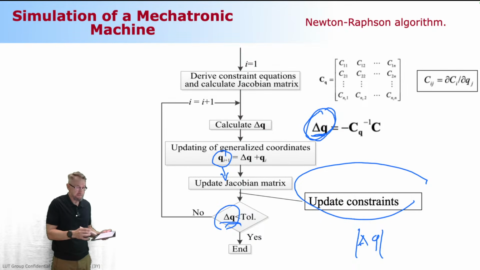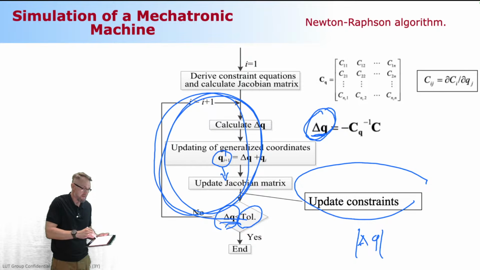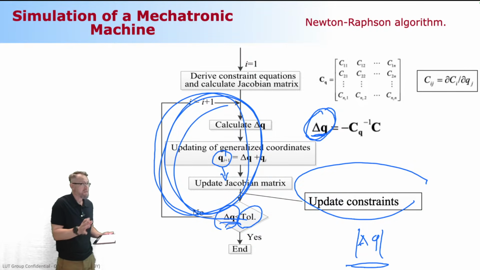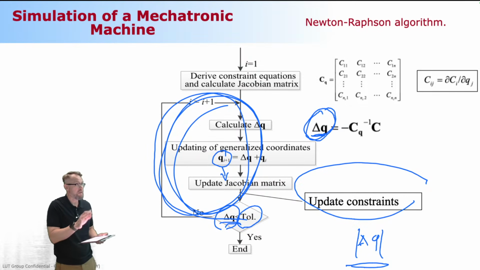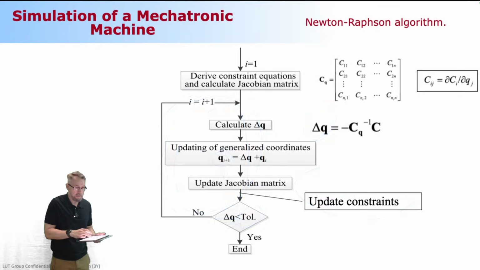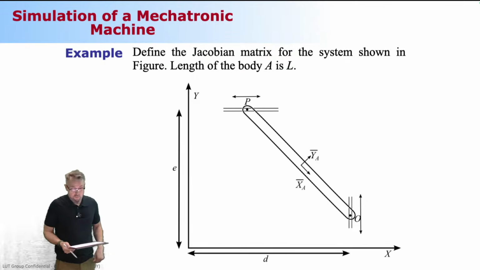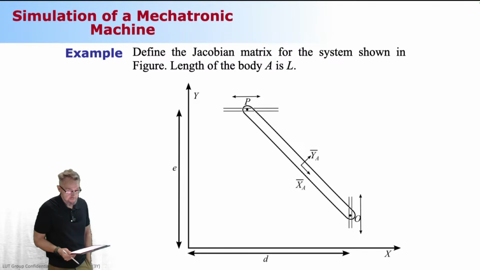You keep updating over and over again until you reach the tolerance number. That's how it works. This was position level kinematics. We still have to go with the velocity level and acceleration level, but let's practice first.